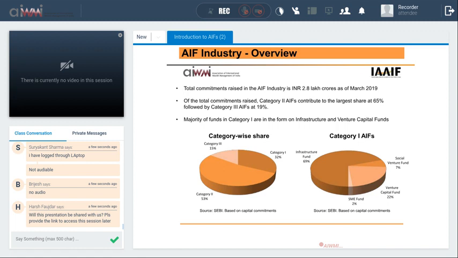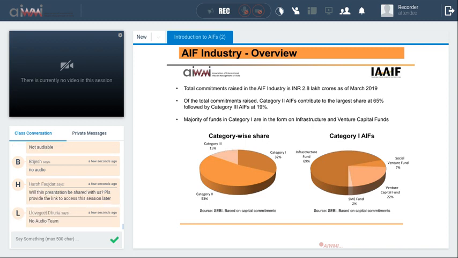Now, in terms of number of AIFs, we have about 500 odd AIFs which are registered with SEBI. And if you look at the different categories, the predominant category is category two, which is broadly in the range of about 50 to 60 odd percent. Then you have category three, which is in the range of about 20 odd percent, and the balance is category one.